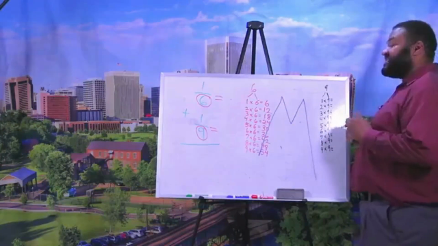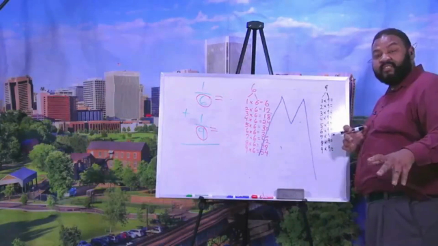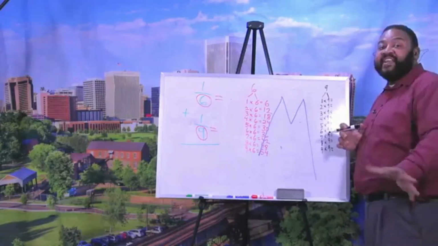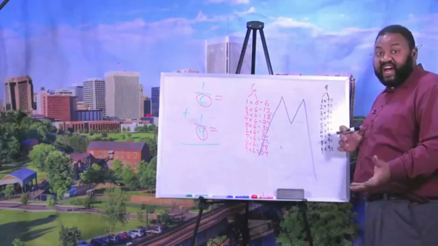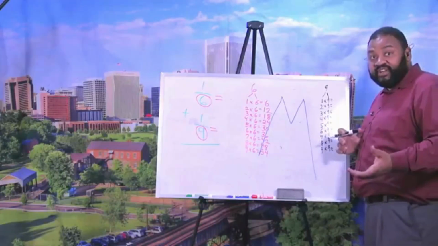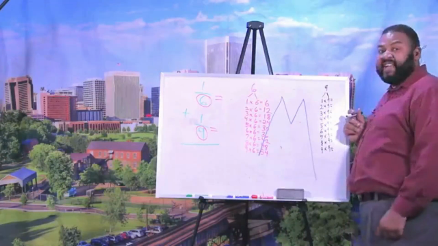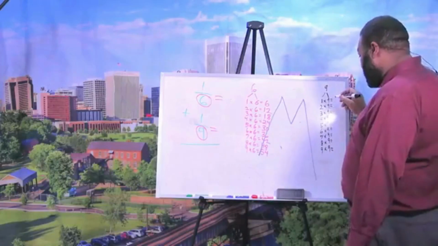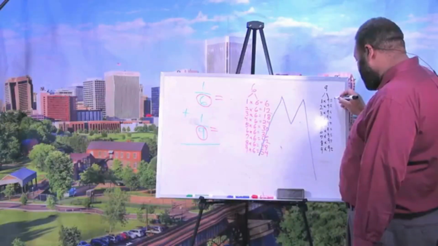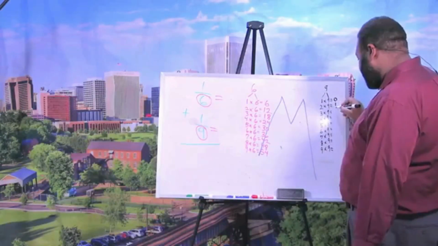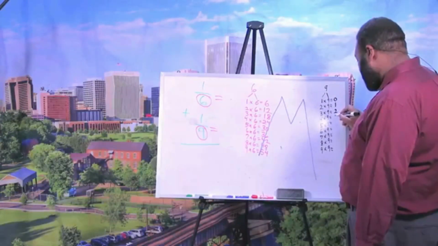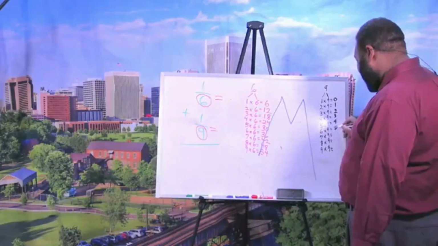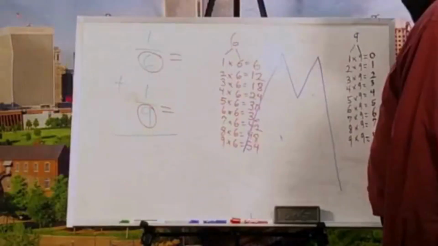Now, this is a very weird thing, okay? It's only for the 9s. You have to look at other patterns and numbers, but what I'm going to tell you right now is only in the 9s. Watch this. I'm going to go 0, 1, 2, 3, 4, 5, 6, 7, and 8.